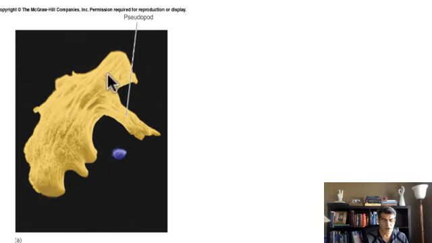Phagocytes are the cells that are able not only to take the germ in and destroy the germ, but also if another cell is not functioning well, if that cell is, let's say, tumorous, if the cell is not functioning correctly, this phagocyte can go ahead and grab that dysfunctional cell and destroy it. By definition, phagocytosis is a form of endocytosis. You bring a chunk of material in while the cell, which is called a phagocyte, extends itself, creating a pseudopod.